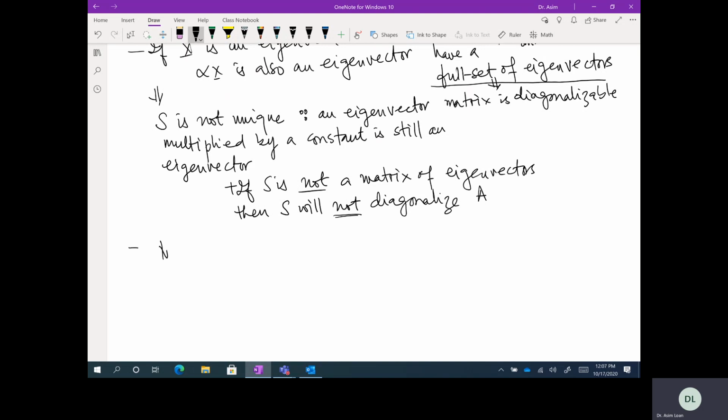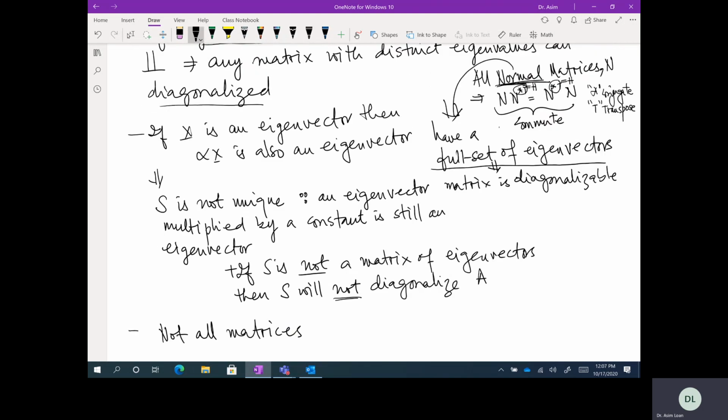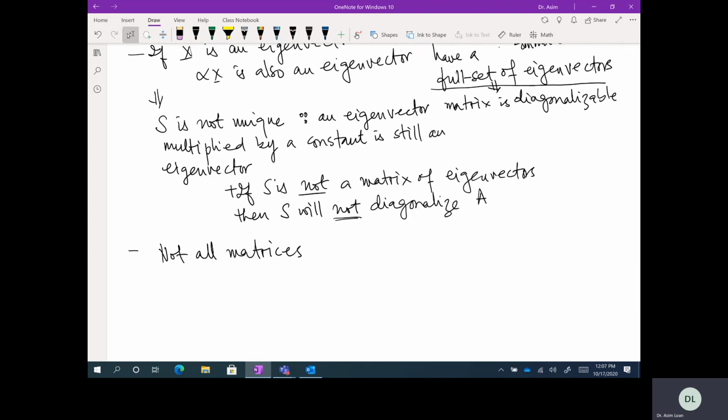So not all matrices possess n independent eigenvectors.